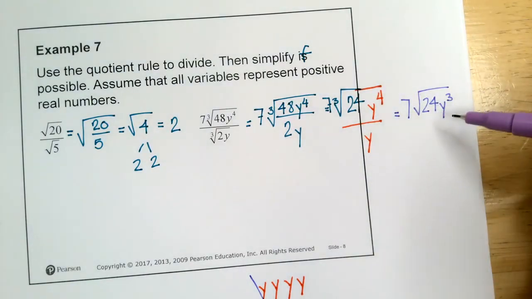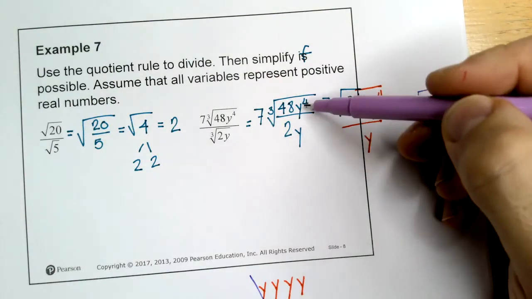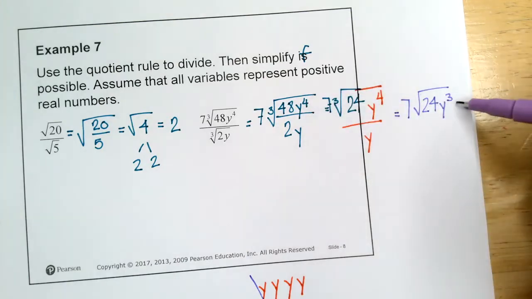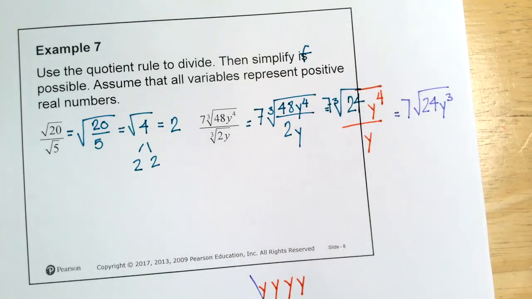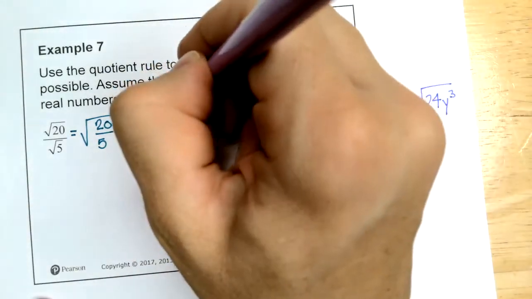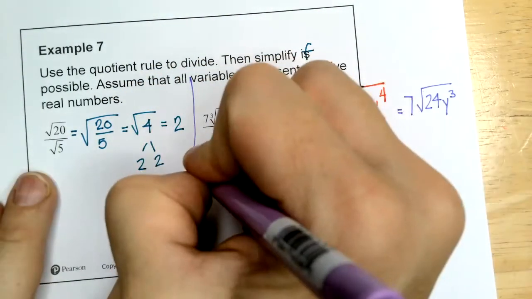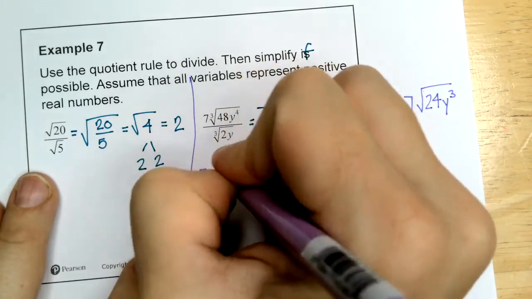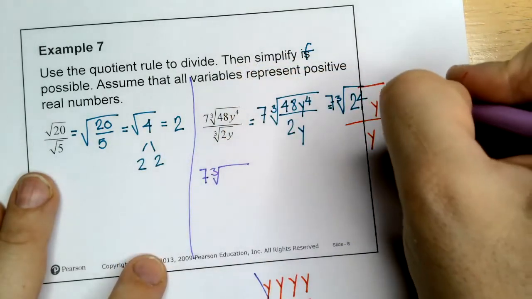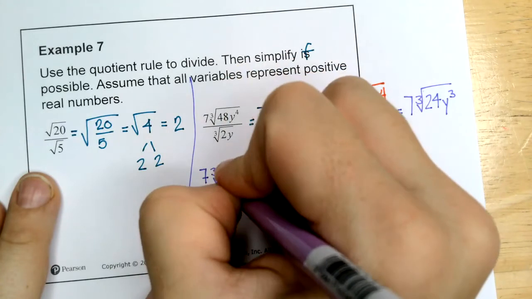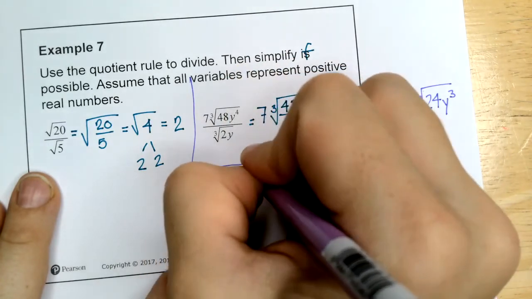Or if you remember the properties or rules of exponents, when you're dividing, you can just subtract. So 4 minus 1 is 3. You're welcome to subtract. Okay, so I'm still not finished. I'll draw a line right here. So now I have 7 times the cubed root of 24y to the 3rd.